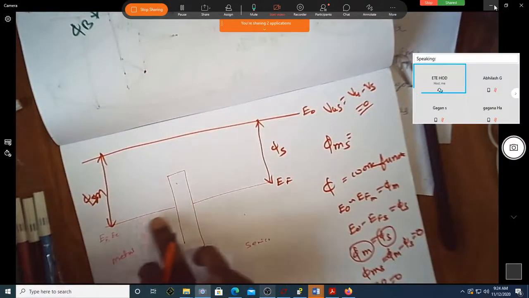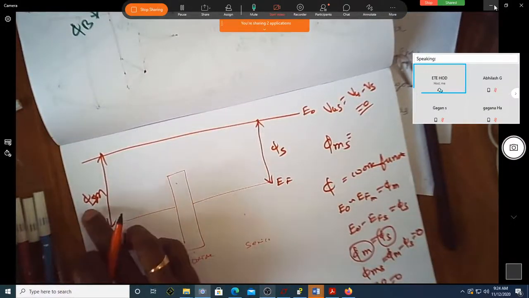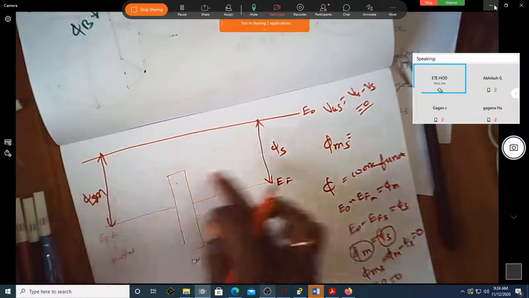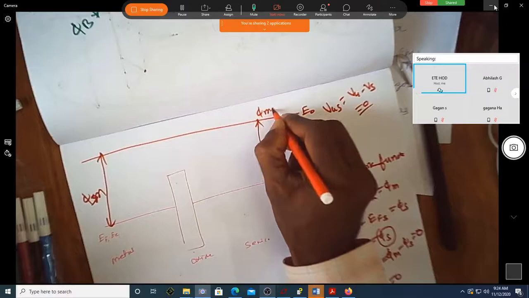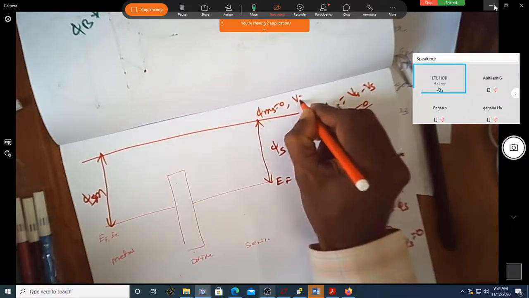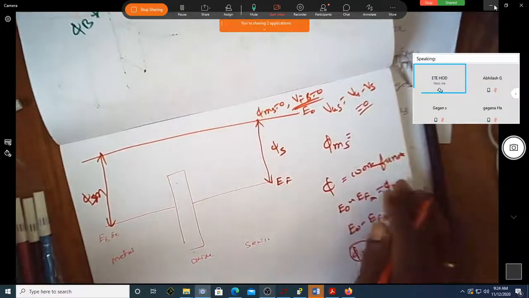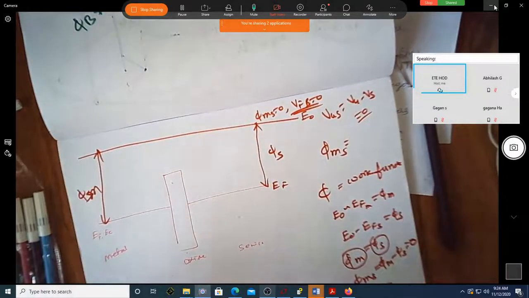Now we can see the work function of metal and the semiconductor are the same, which ends with phi ms equal to 0, which will make my flat band voltage also 0. Is this flat band clear? What I'm talking about, flat band voltage is 0. The external voltage to make the band flat is called flat band voltage.